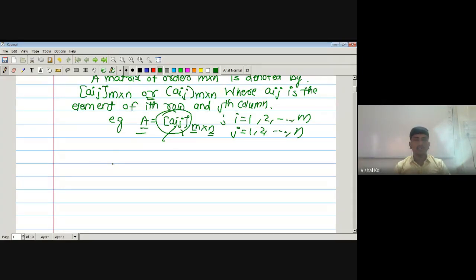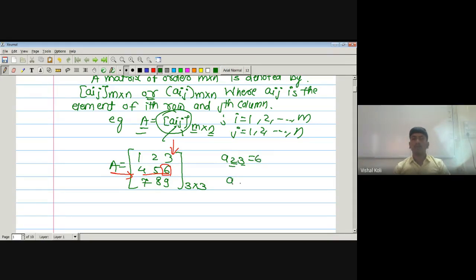Okay, suppose this is a matrix A of order 3 by 3: 1, 2, 3, 4, 5, 6, 7, 8, 9, and we have to find the element a23. So a23 is the element of the second row and third column. Here this is the second row and this is the third column, and the element is 6. Therefore a23 will be 6.